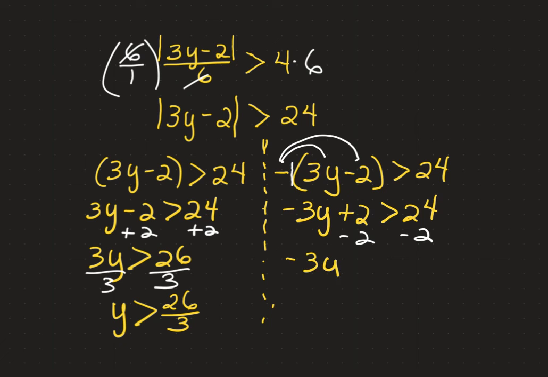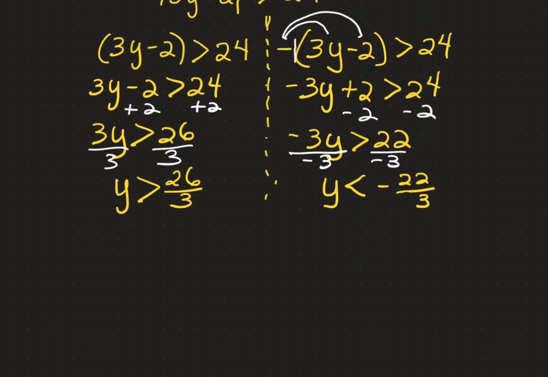Negative 3y is greater than 22. And now I have to isolate that y by dividing by a negative 3. So that's going to give me y, but I have to flip my inequality. And y is less than negative 22 over 3.